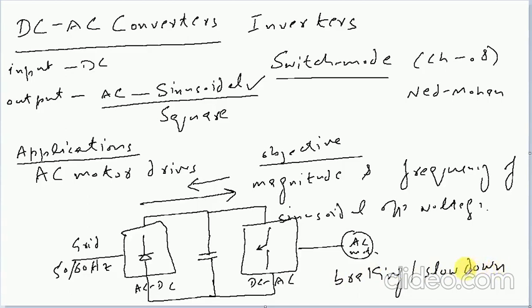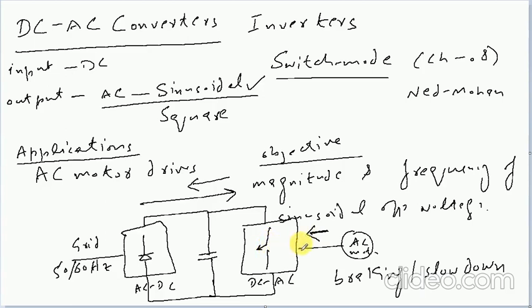During that brief interval, the motor starts to act as a generator and provides energy, and the power starts to flow from the AC side to the DC side of this converter. In this interval the inverter operates as a rectifier, because now the power flow is from the AC to the DC side.